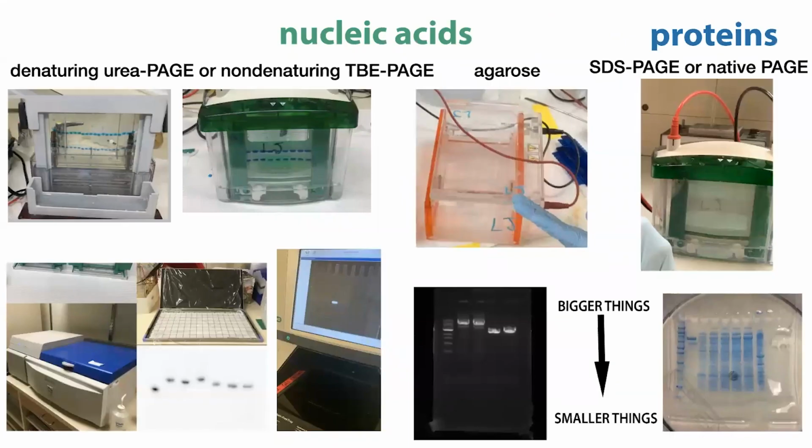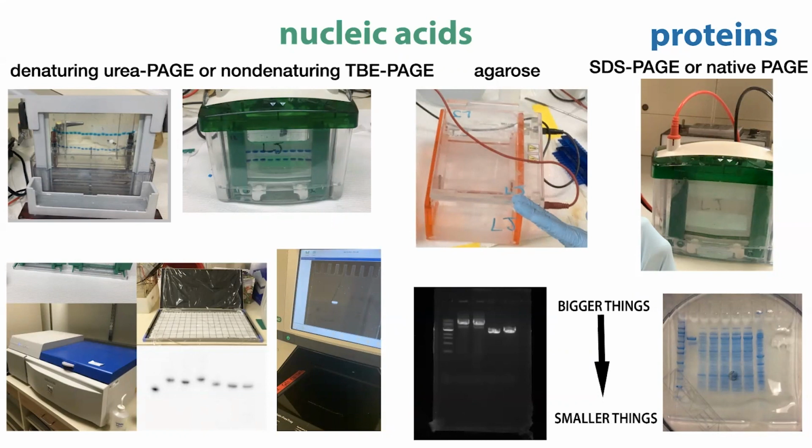For nucleic acids, you either don't include a denaturing agent, in which case the strands will stay together, the RNA will still have its shape, or you'll add formamide and then have urea in your gel if you want denaturing conditions. And with the denaturing, in both of those cases, you typically boil your samples with your sample loading buffer containing the denaturant before you load them on your gel.